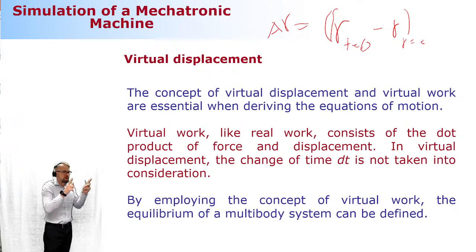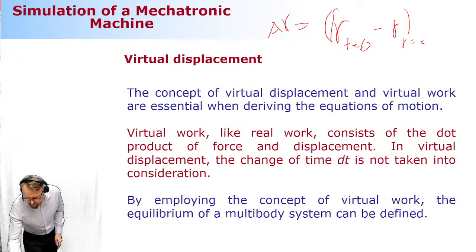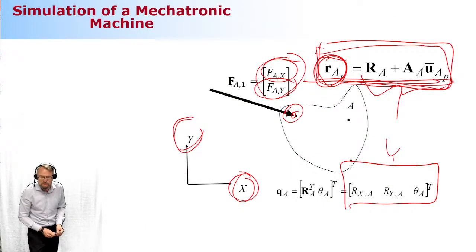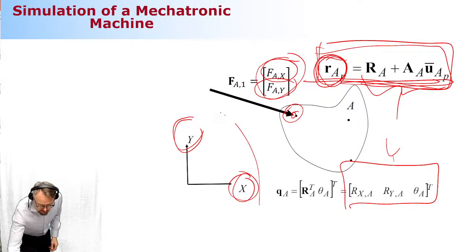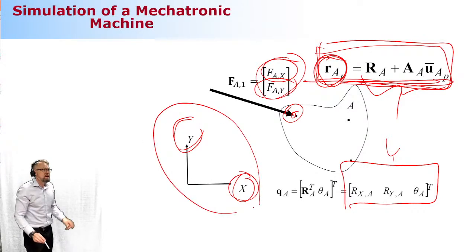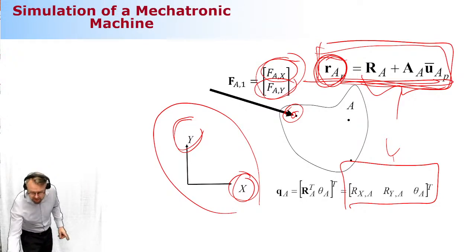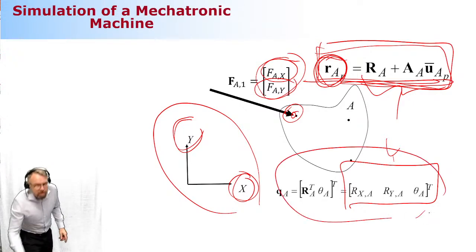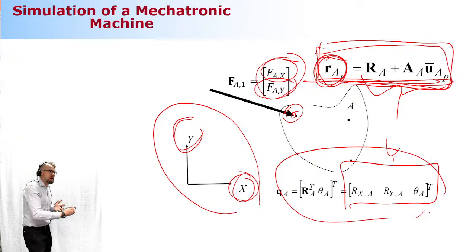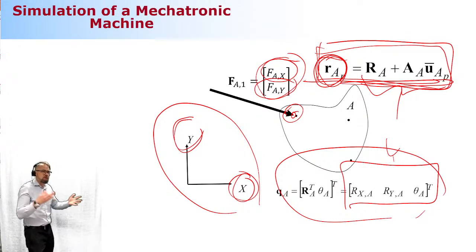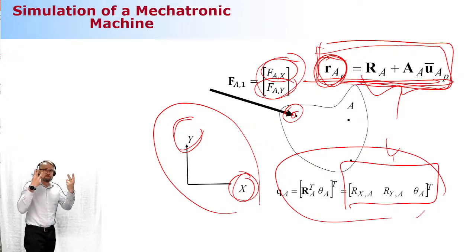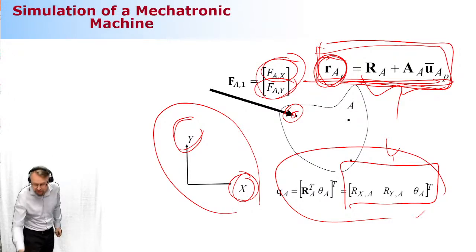Because remember, we are mapping 2 different coordinate systems: the one that is global coordinates, another one that is generalized coordinates. What I'm actually after is the mapping between 2 different coordinate systems. One consists of 2 components, another one consists of 3 components. All right, so that's what I'm after here.